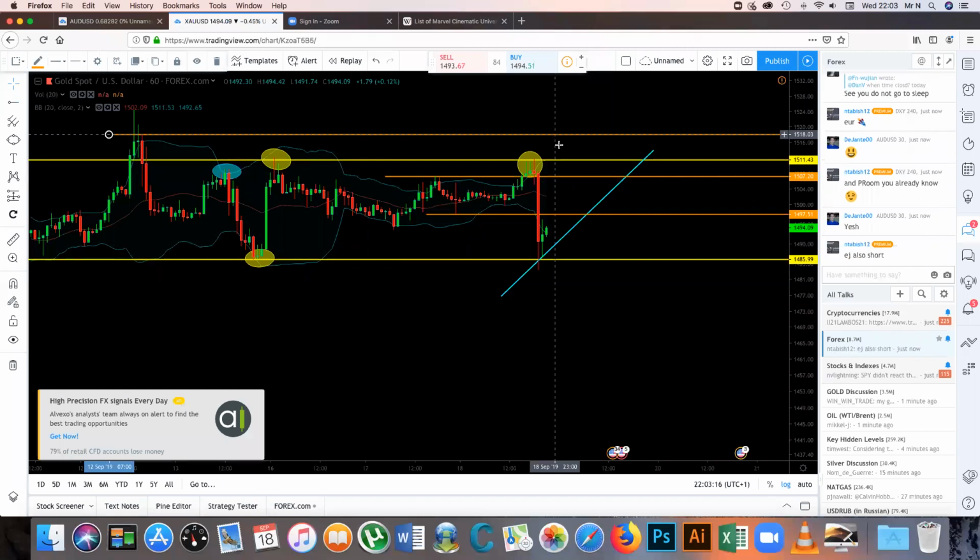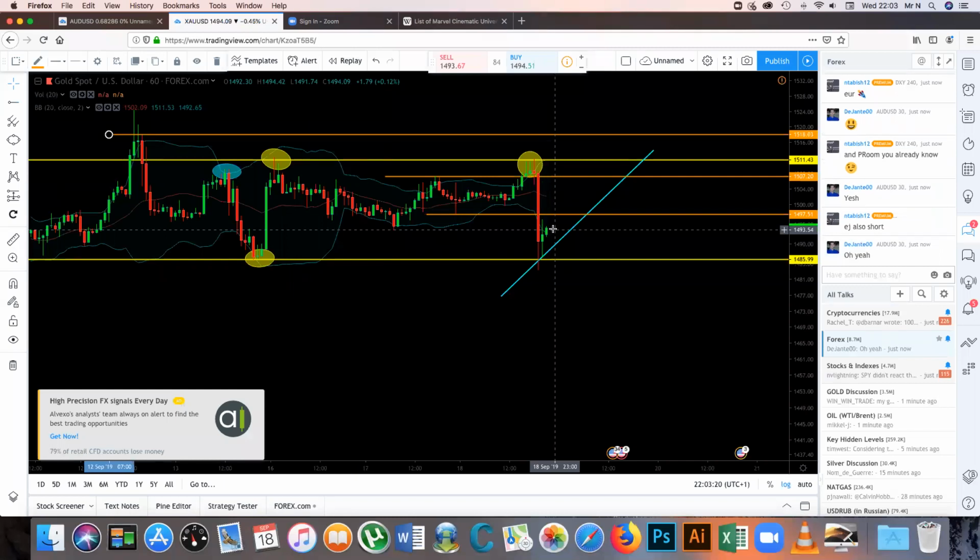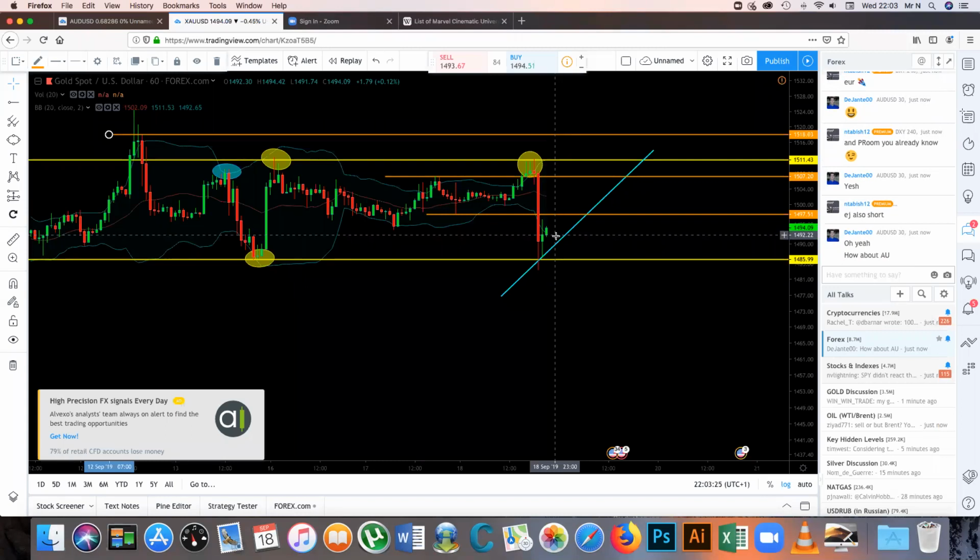You can do it that way, or you can just decide to work within the support and resistance. So let's say the next candle comes and respects this line. If it does, then you know you're looking for buys, and I can just make the top yellow line, which is my resistance, my take profit.